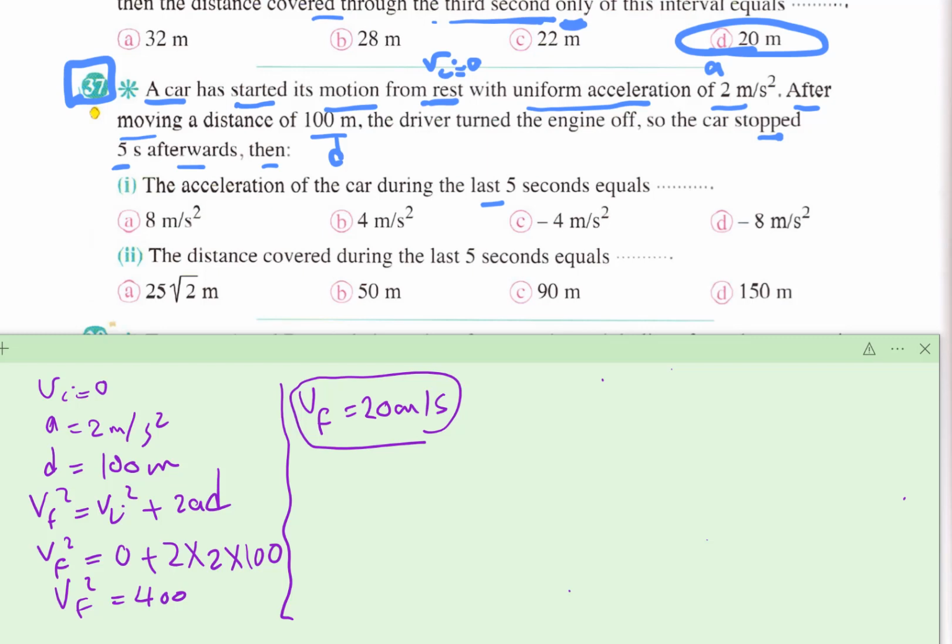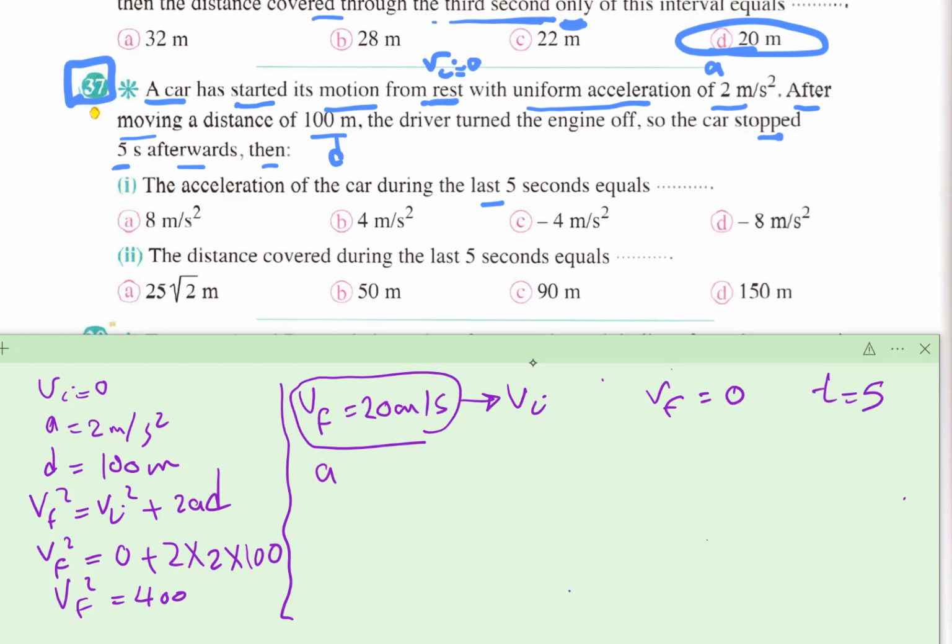What else? We can calculate the acceleration, right? He needs the acceleration of the car during the last 5 seconds. So for the last 5 seconds, this is V initial, and now V final equals 0. The second part of motion through 5 seconds. T equal 5.